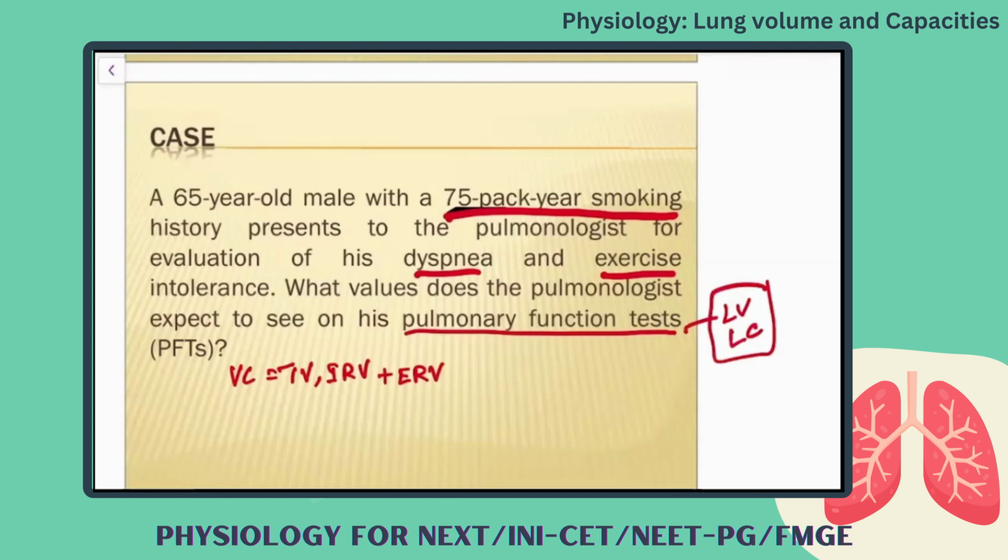But this person is having dyspnea and exercise intolerance. Then what will happen to the value in the pulmonary function test in this case? Will it increase or decrease? Why?